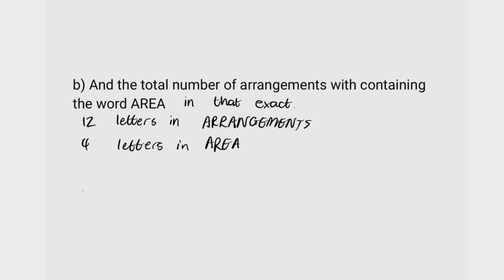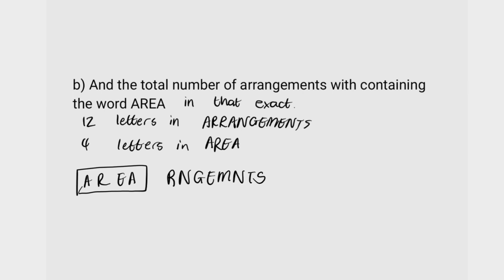And we're going to first do what we did by blocking, quote unquote, just putting them together, treating it as a single letter, area, and then we're going to write the remaining letters: R, N, G, E, M, E, no, sorry, M, N, T, S. Let's count that this number of letters is correct: 1, 2, 3, 4, 5, 6, 7, 8, 9, 10, 11, 12.